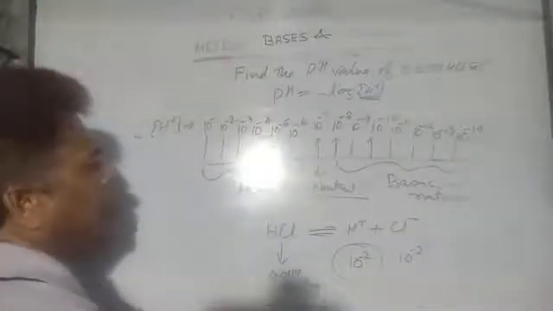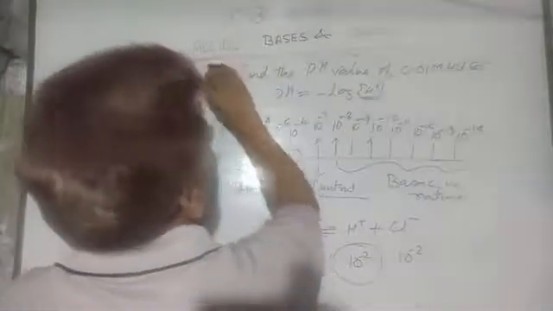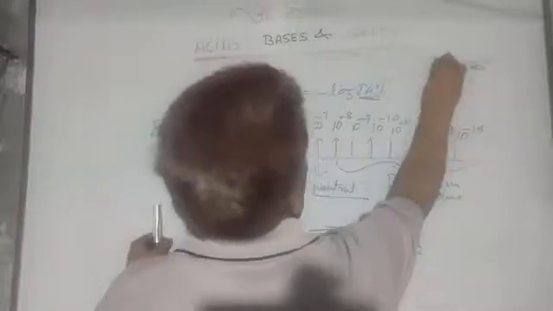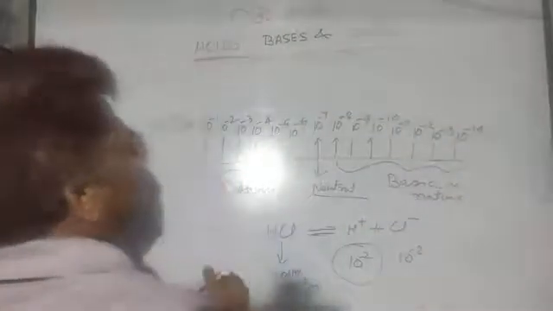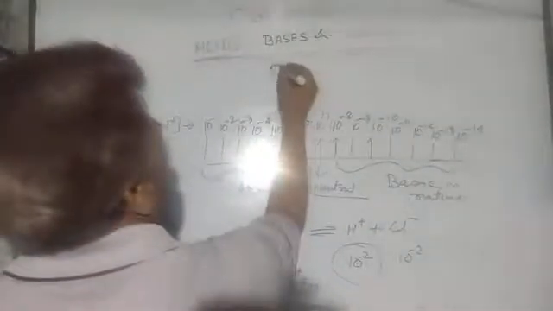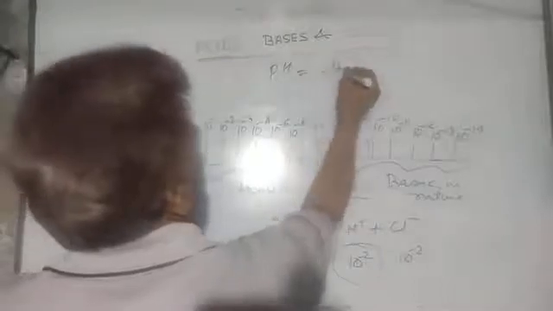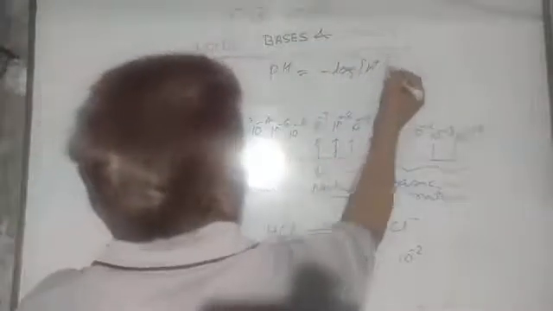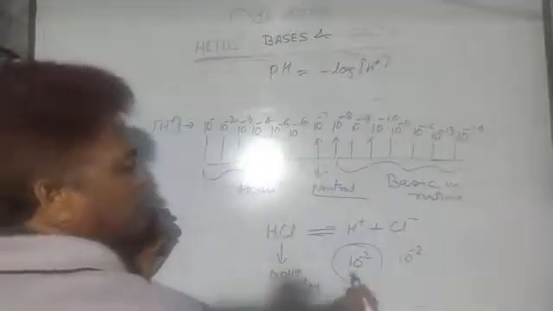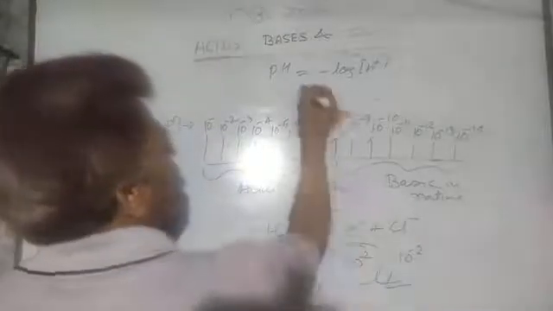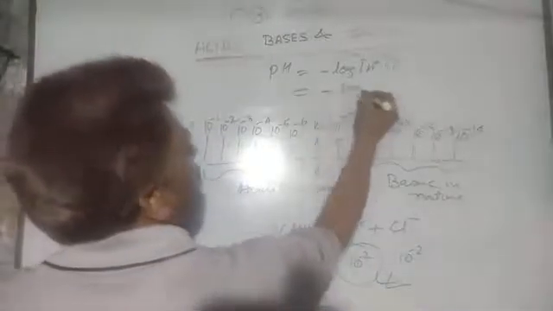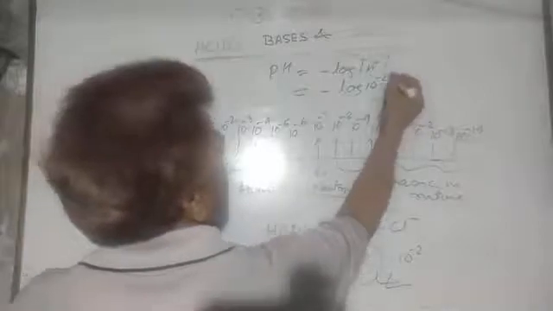Okay. So now the question is written. Write the formula again: pH equals minus log [H+], and the hydrogen ion concentration is 10 to the power minus 2. Put that value: log 10 to the power minus 2.